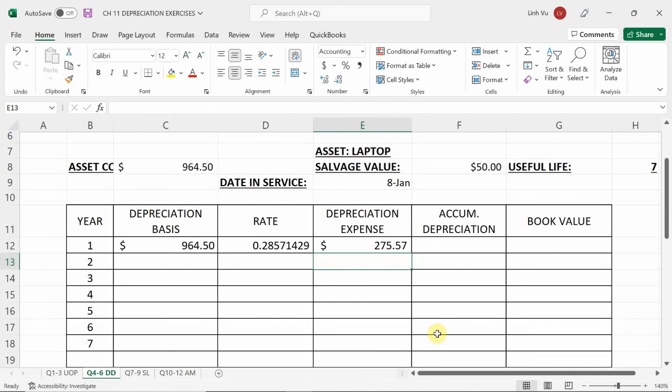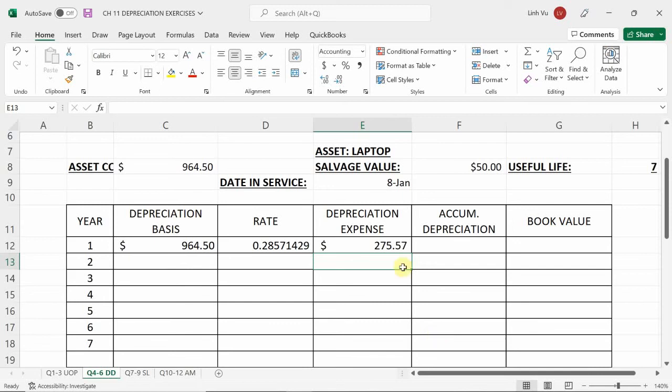No. Why? Why do I not need to make any changes to this depreciation expense? Because you'll be using your accumulated depreciation. No. Hmm. Why would I be asking you that kind of question?